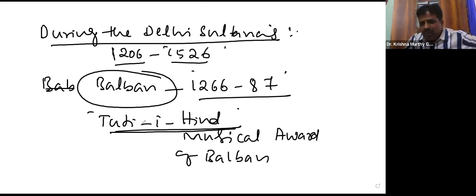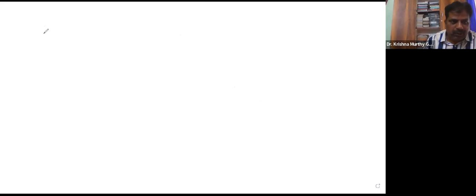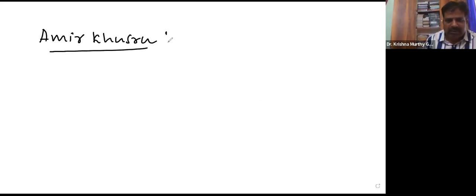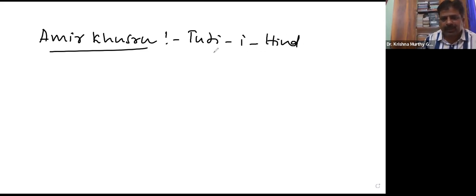He composed several musical ragas. The musical ragas of Amir Khusru are recognized as Perso-Arabic music. He was popularly recognized as Tuti Hind. He composed several ragas.